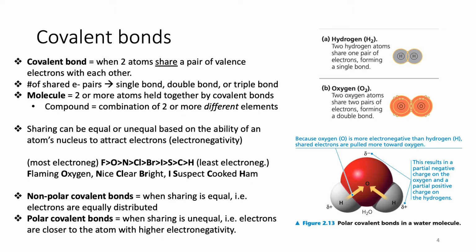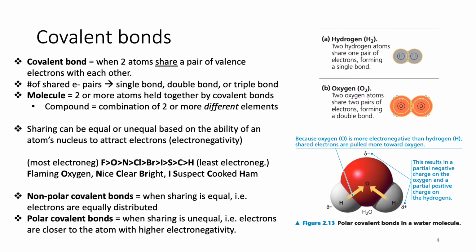The attraction of a particular atom for the electrons of a covalent bond is called electronegativity. The more electronegative an atom is, the more strongly it pulls the shared electrons toward itself. To help you recognize the relative electronegativity between some common elements, I've included this mnemonic here.